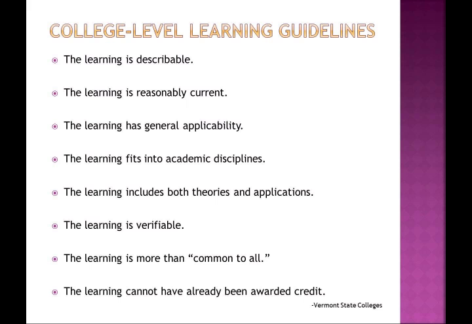Alright, your learning includes both theories and applications. Your learning should include both theoretical and practical understanding of a subject area. If your learning is theoretical, you should be able to apply your knowledge in a practical context. If your learning is practical or applied, you should understand the whys and the hows of what you do.